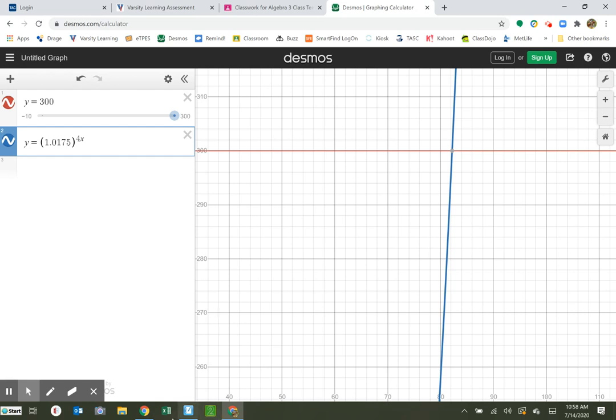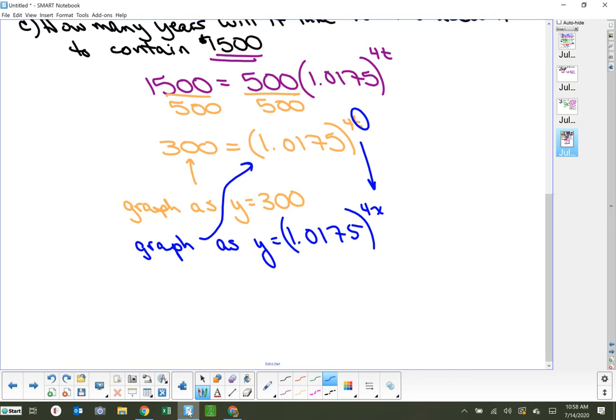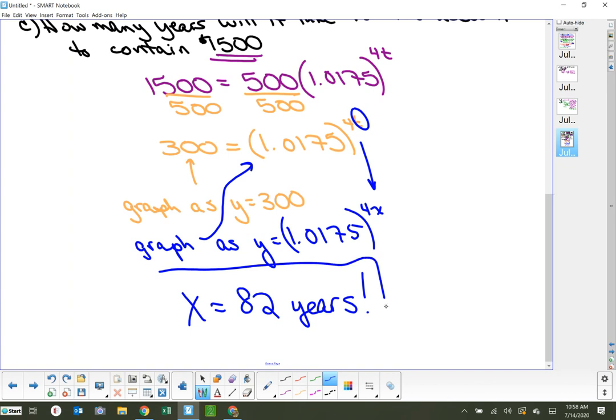And so when we go back to our original equation over here, then we know that t has to be 82 years for this to happen, or x in this case, okay? All right, so that is how you can make that happen.